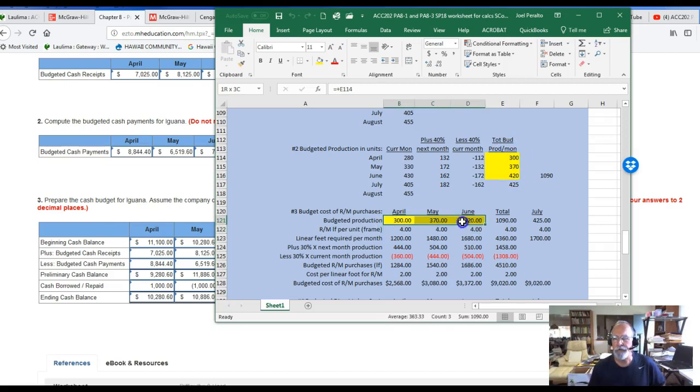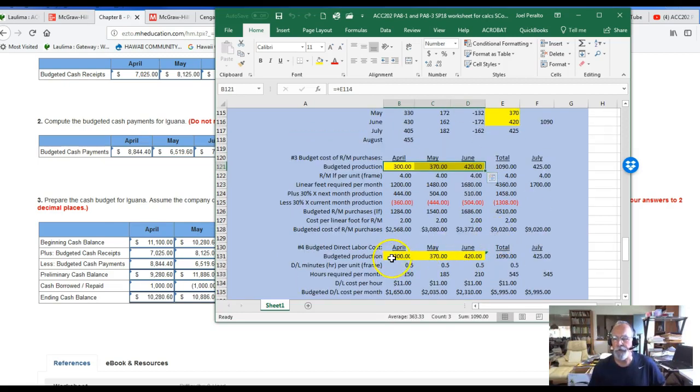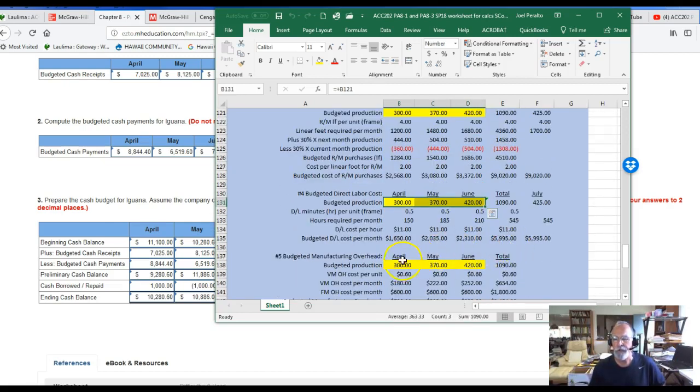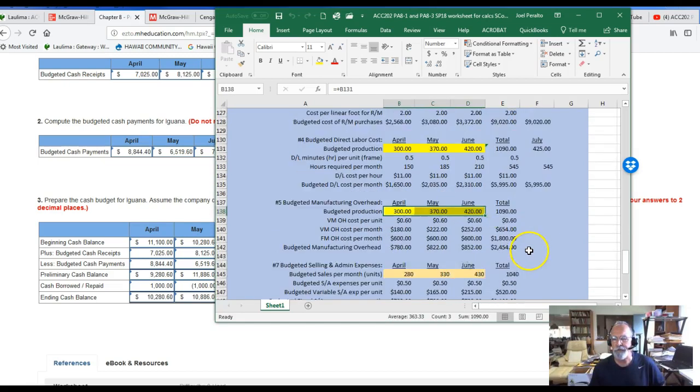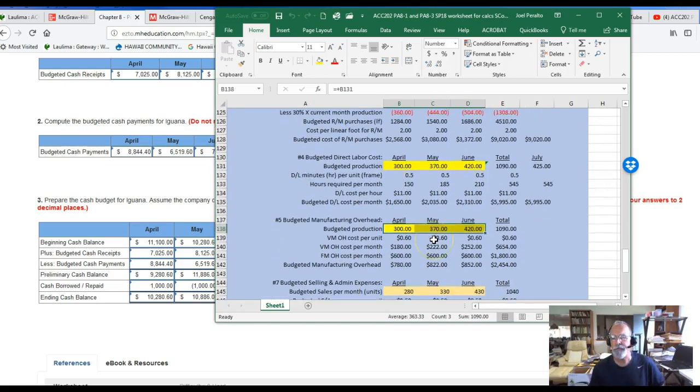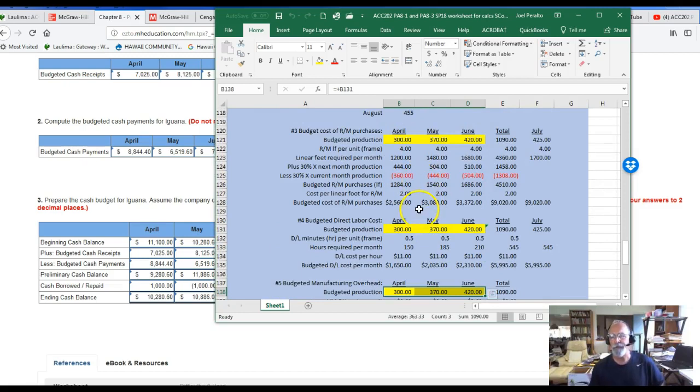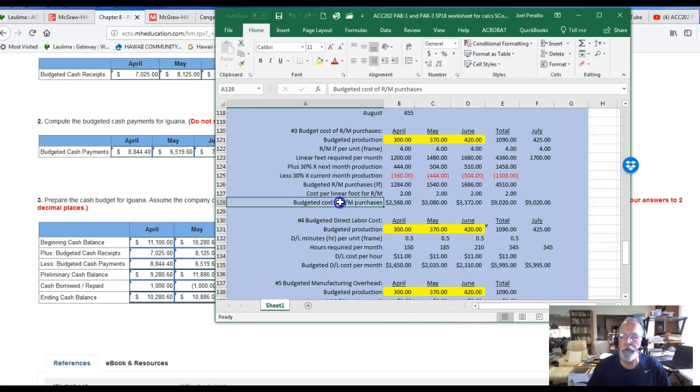And those numbers are the starting points, as you can see, for each of the next three subsequent calculations. So in coming up with budgeted cost of raw material purchases, we start with budgeted production.